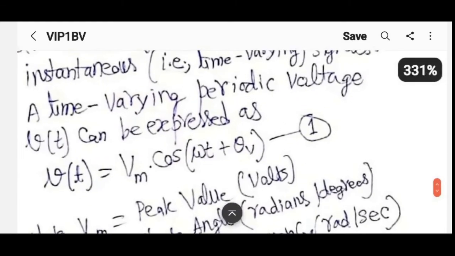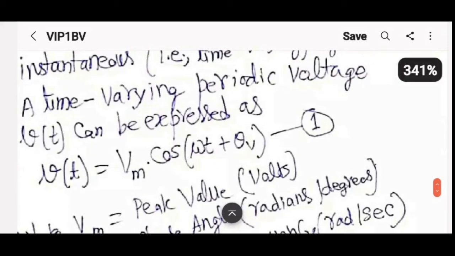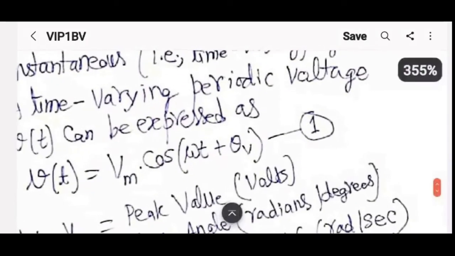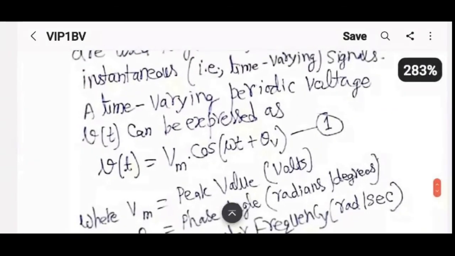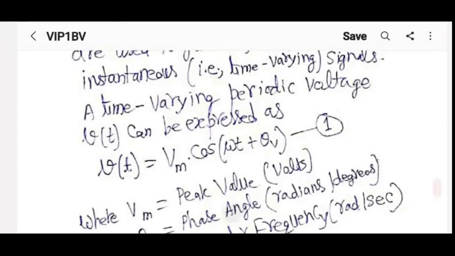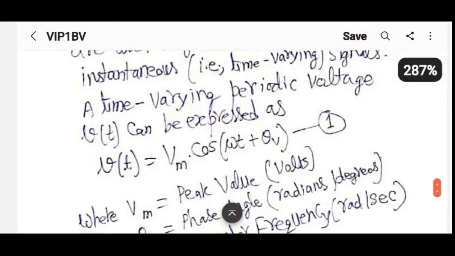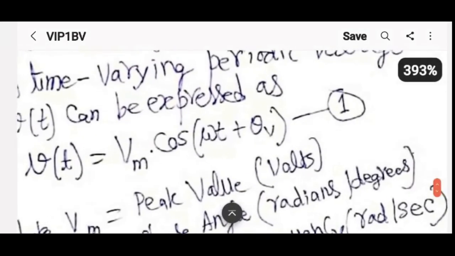So this generic representation is what we are going to be using a lot. For specific cases, you will see that maybe theta v would be 0, or it may be pi by 2, maybe minus pi by 2 in radians again. Omega is 2 pi multiplied by the frequency of the signal. So for the signal that comes to your home, omega will be 2 pi into 50 radians per second.